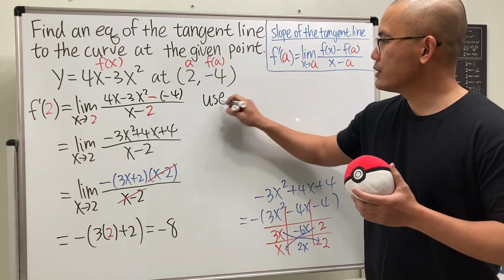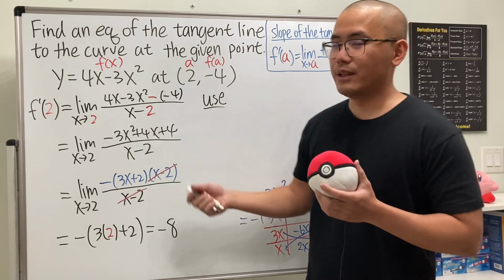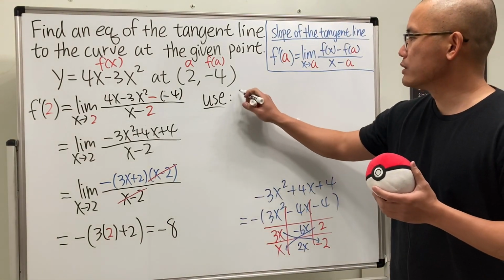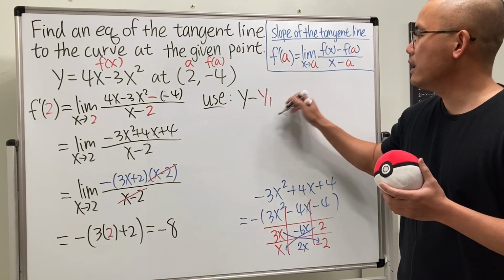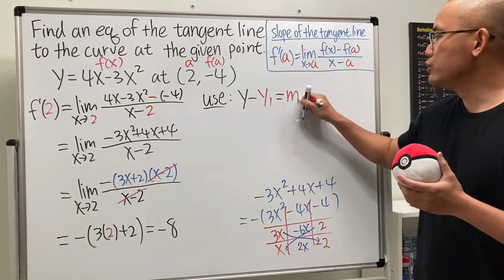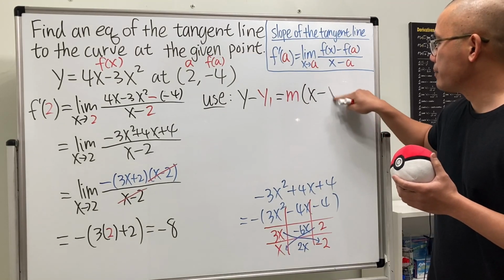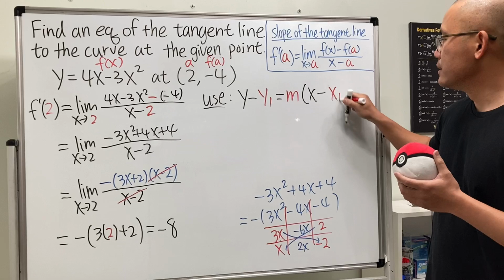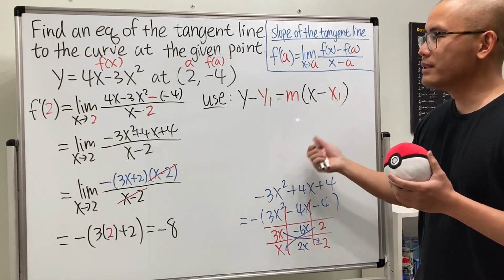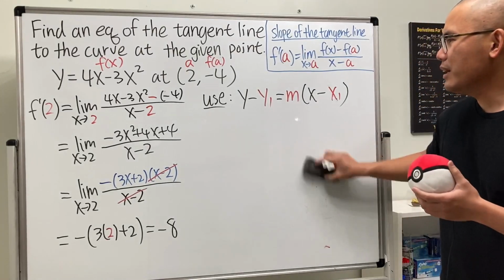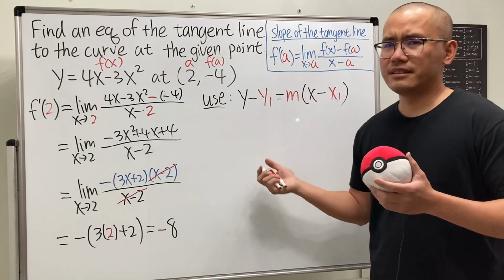Next, we have the point and also the slope. So we can use the point slope form of the line. So let's go ahead and use y minus y1 being equal to the slope, which is denoted by m, times x minus x1. And of course, this right here is our good old point slope form of a line from algebra. However, we are talking about the a and f of a and things like that.